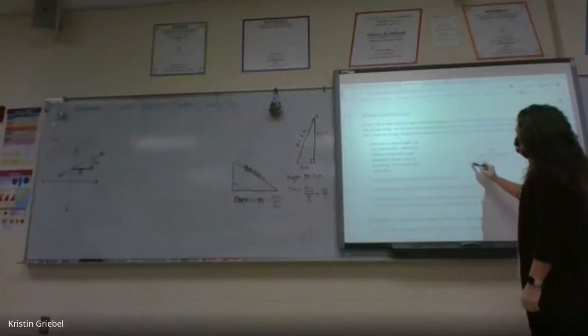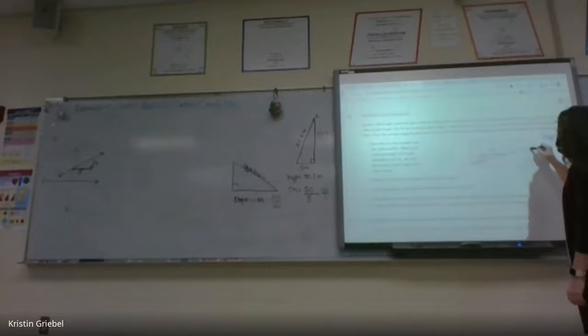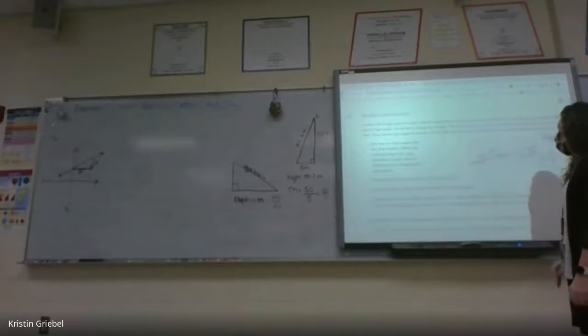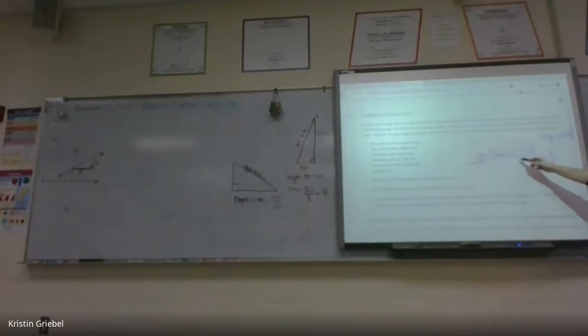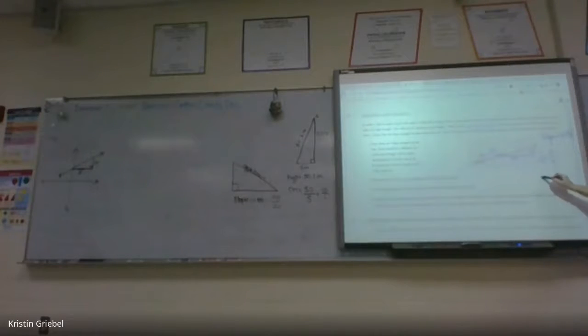So I'm going to go over here and go 1, 2, 3, and then up until I meet the line. So if the change of x is 3, what's the change of y going to be? 15, because 3 times 5 is 15.